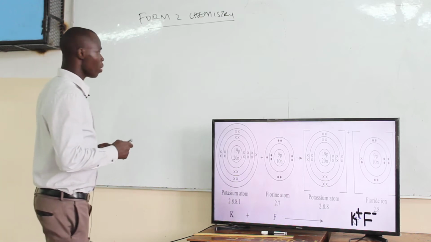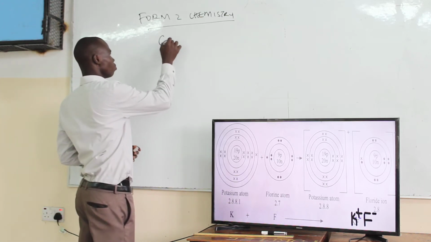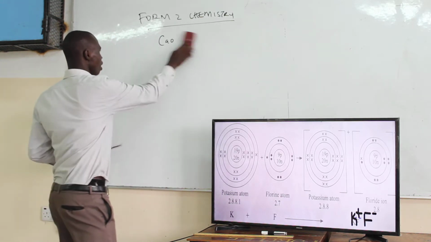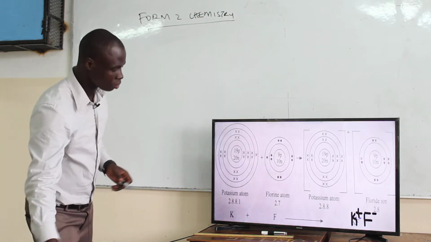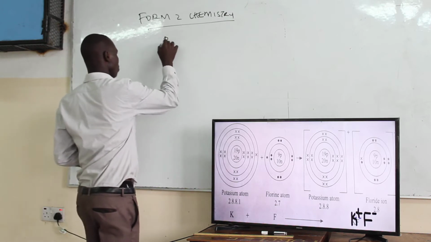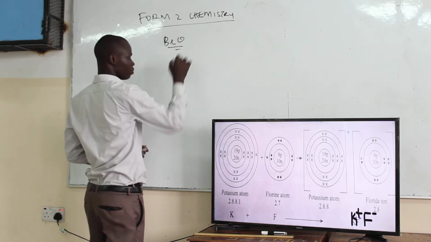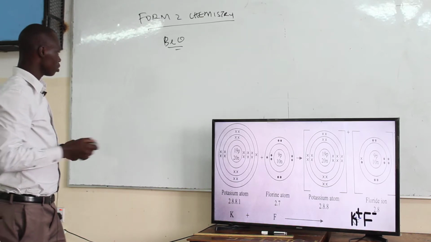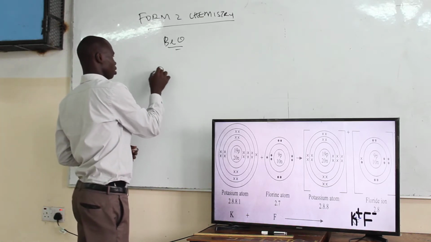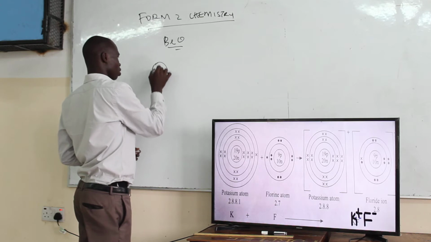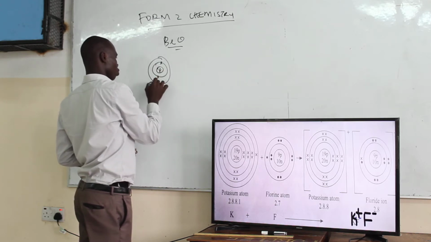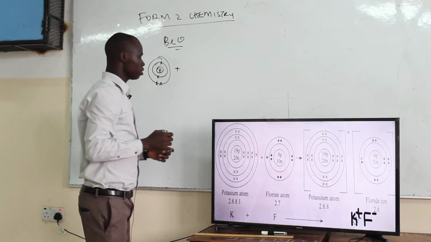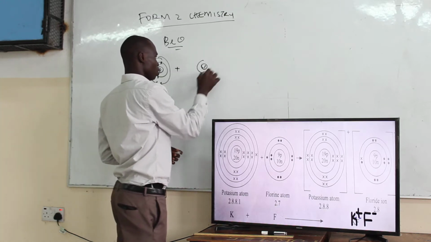Suppose a situation whereby we are having calcium oxide, or let us talk about beryllium oxide. Beryllium has 2,2. Oxygen has 2,6.